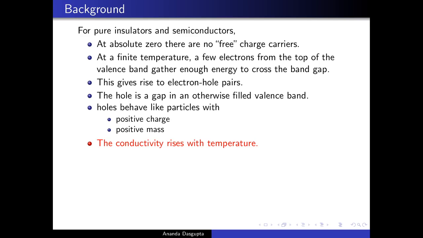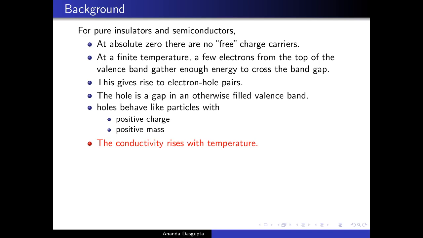So now you have conductivity. And where does this conductivity come from? It comes from the formation of electron-hole pairs, which essentially comes because of the energy provided by thermal fluctuations. Raising the temperature, of course, increases these pairs a lot, and so the conductivity of such samples rises with temperature.